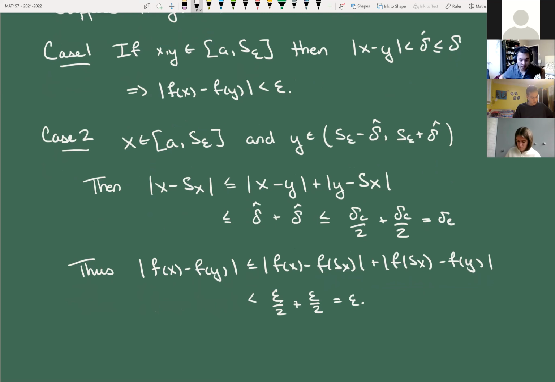Okay, so do you see why the delta c over 2 ended up becoming useful here? Because I wanted to guarantee that x was within delta c of s sub x, so that I could use that here. Again, this is me using continuity of f in order to expand the S sub epsilon interval, right?